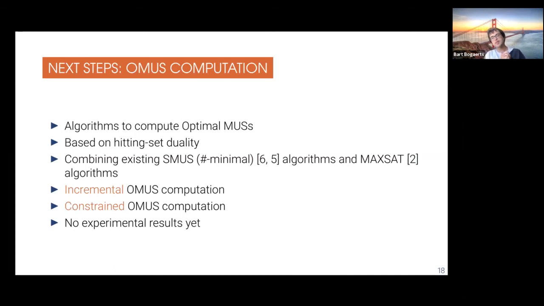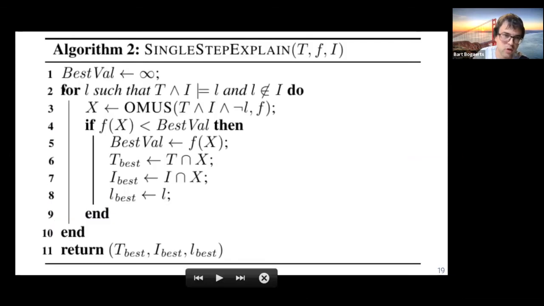For instance, the main reason we're doing that is because of this loop here. This loop goes over all literals, and for each literal, it computes an unsatisfiable core. But we want to get rid of this loop. We would like to phrase it in a single call. Namely, we would like to ask a solver, give us an unsatisfiable core that contains exactly one literal, of a bigger theory that contains all these negated literals, but there can only be one of them in there.